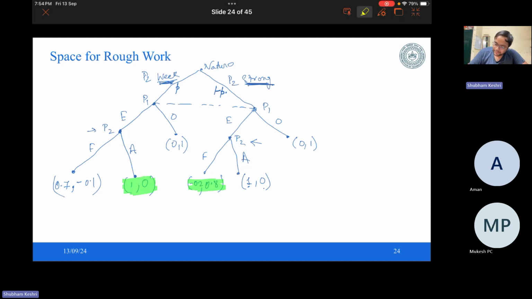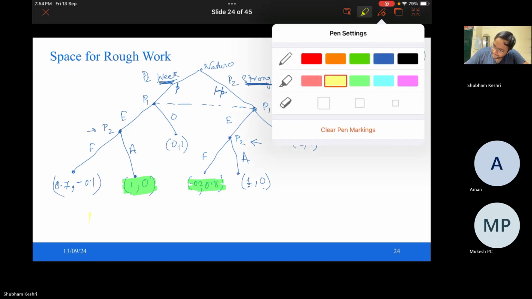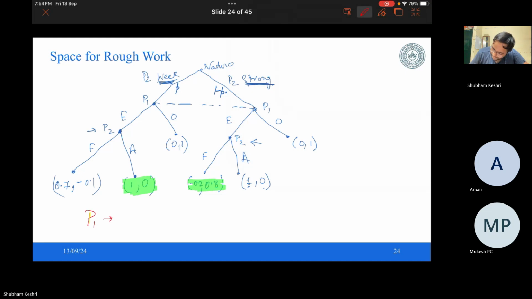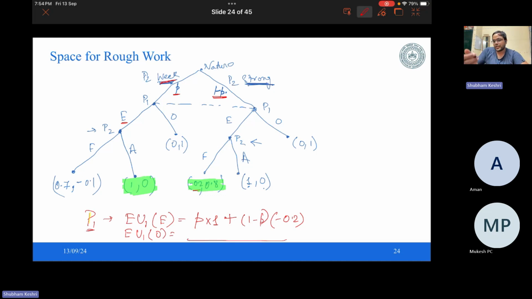So you can find the expected utility of player 1 when he plays E. With probability P, he will encounter a weak opponent and his utility will be 1. And with probability 1 minus P, his utility will be this. So this is the expected utility if he enters. Expected utility of player 1 if he remains out, you can just calculate and then do the same thing which we have done.